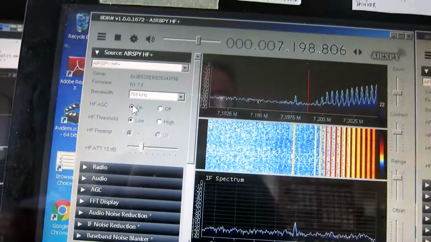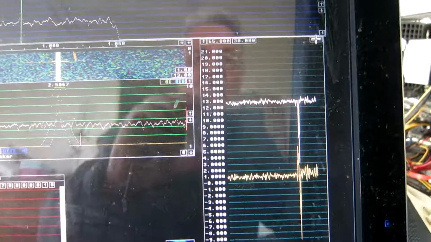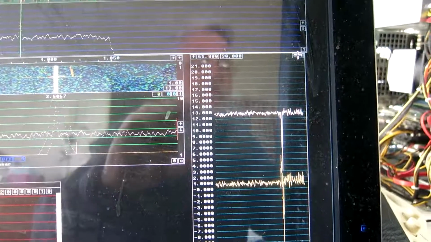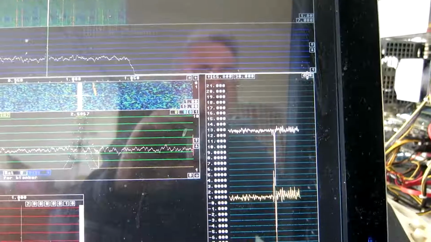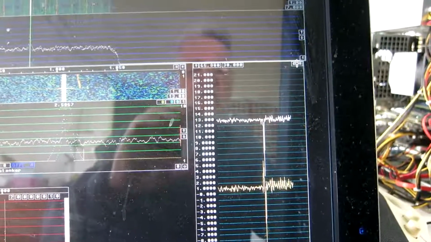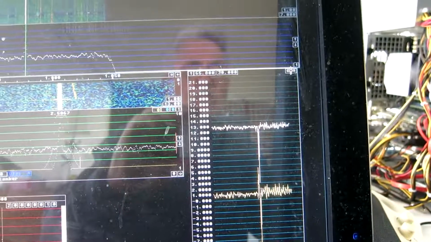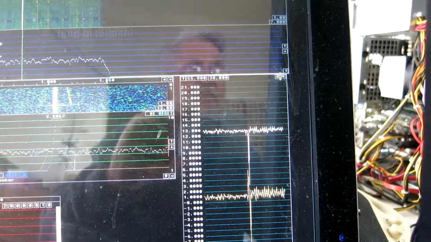Or maybe not, because looking here, the signal-to-noise ratio is actually about the same, although the noise floor is no longer white noise, it's the pattern from the generators.